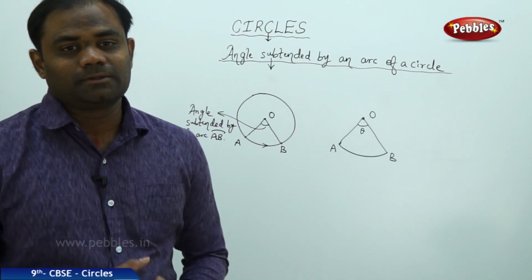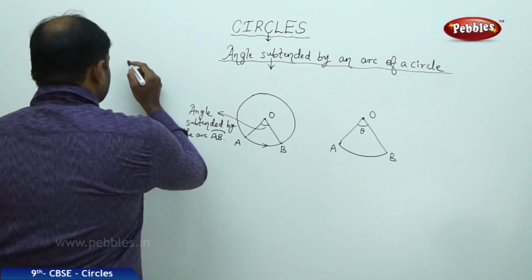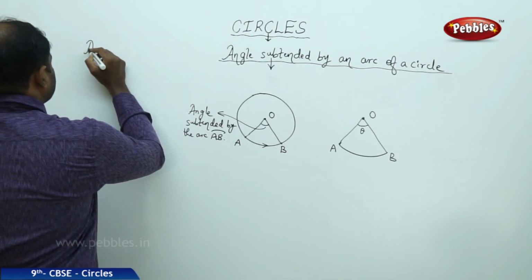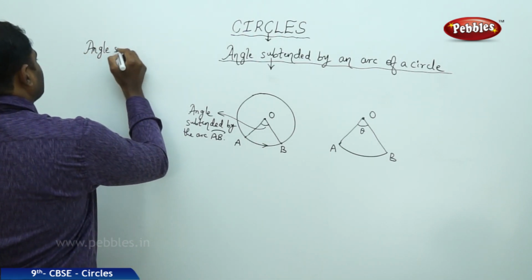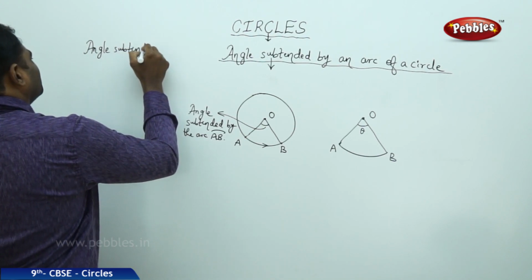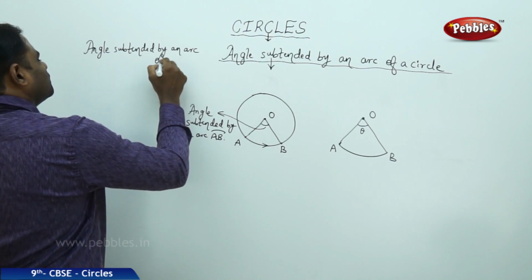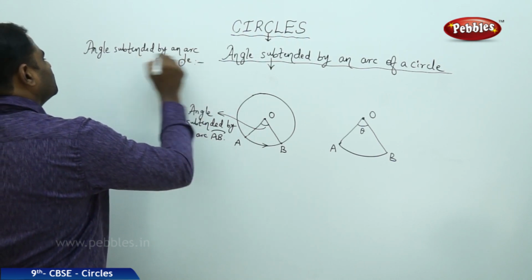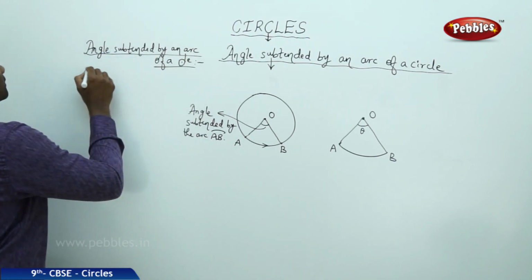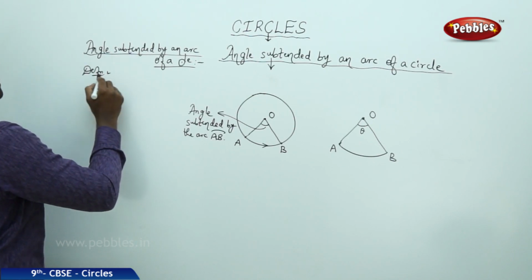Angle subtended. So here I have the definition. Angle subtended by an arc of a circle. Let's see the definition.